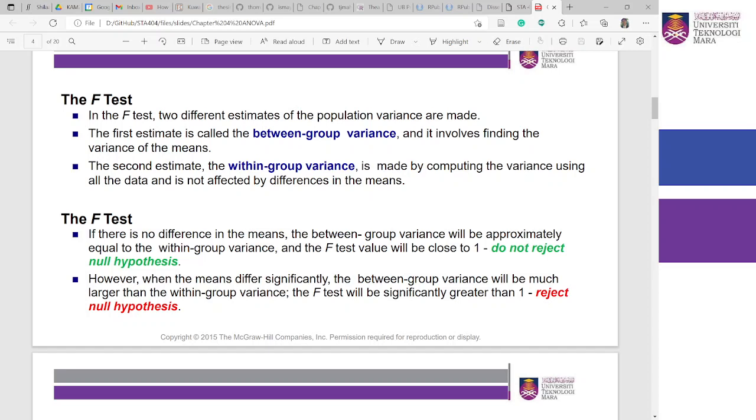Kita nak reject or do not reject the null hypothesis. Kalau katakan dia punya variance tu tidak differ antara satu sama lain, because in F-test we are comparing the variance. So if the between group and the within group variance do not differ much, that means they are close to 1. Sebab kita tengok ratio.